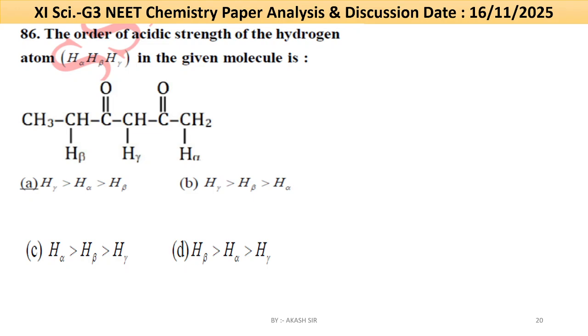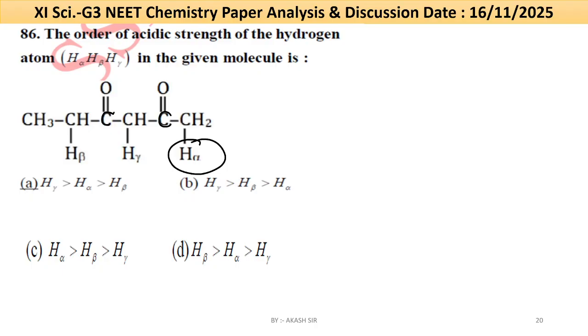In the given molecule, the hydrogens gamma, beta and alpha are attached to carbons adjacent to the carbonyl groups. Alpha hydrogens to the carbonyl are more acidic due to stabilization of the enolate ion.